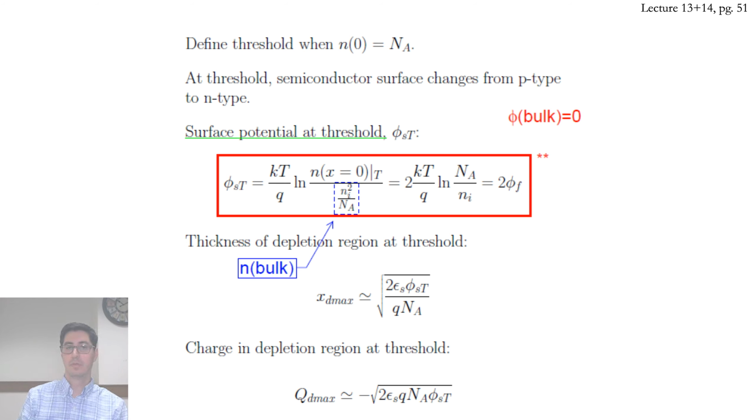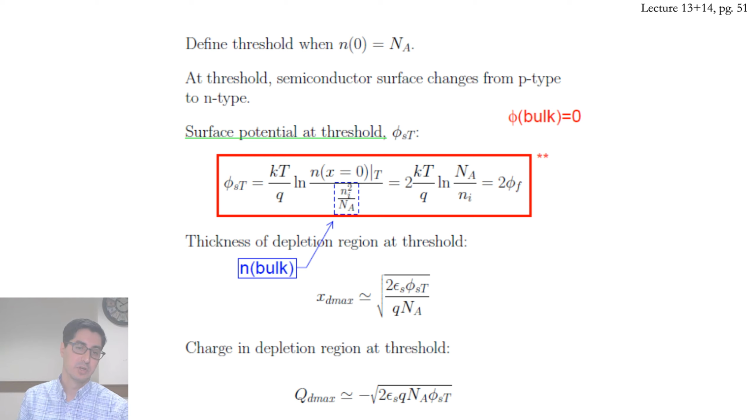Okay, so once we know the surface potential at threshold, we can plug it into our depletion formulas to find XD max. As I explained, the depletion width doesn't increase much past threshold, and so that's why we call it the max. It's the max depletion width.